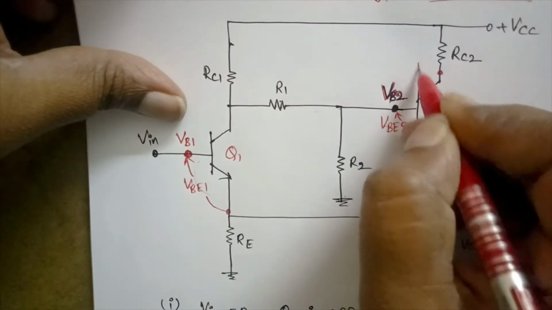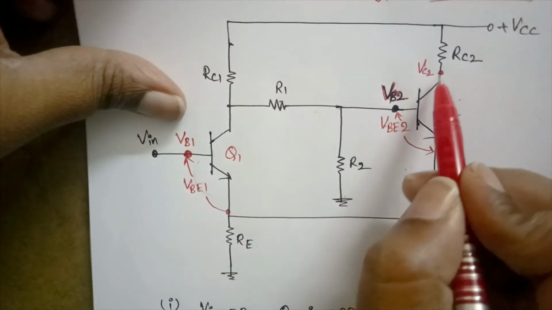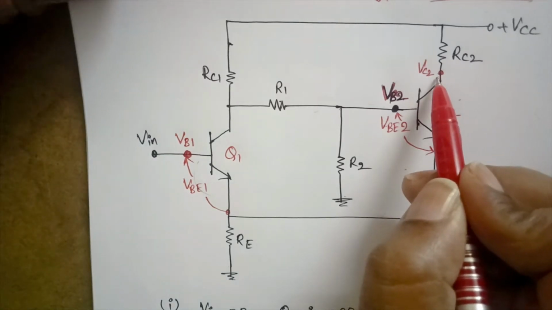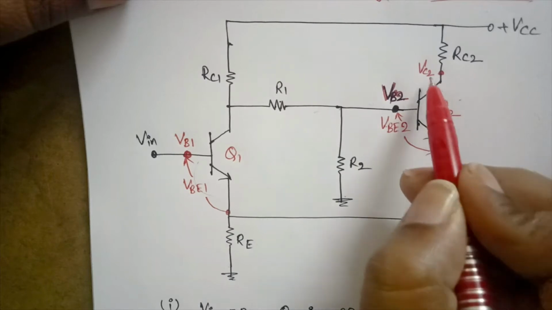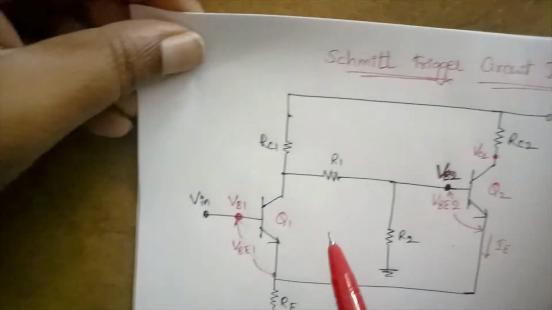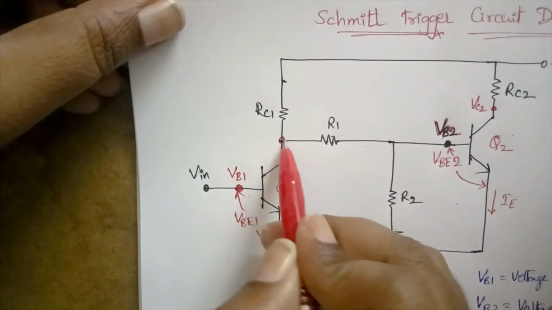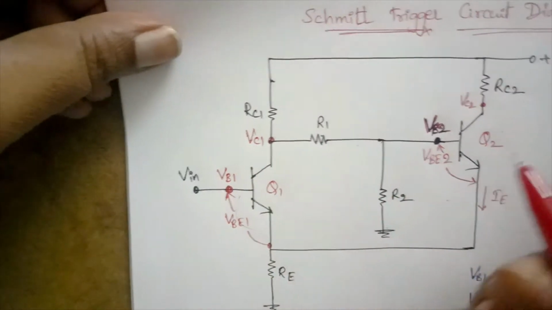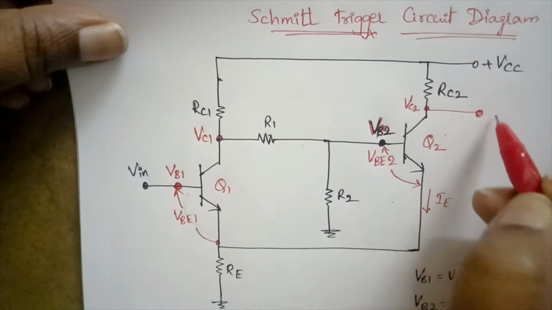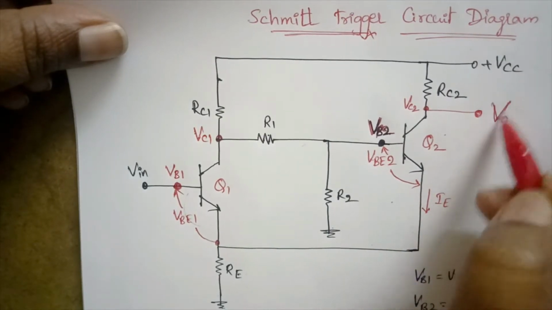I name it VC2, because the output voltage is taken at the collector of transistor Q2. In the same way, at the collector of transistor Q1 I take the voltage as VC1.